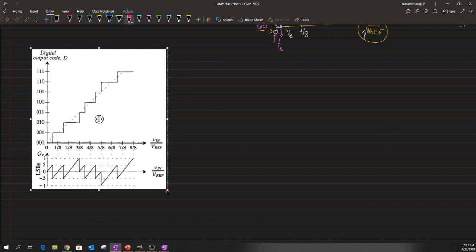As I said, the DNL error is measured right from the value of 1, never from the value of 0. These errors, the DNL error and the further INL error, are read only after removing the offset error as well as the gain error. So it is something like a sequence.